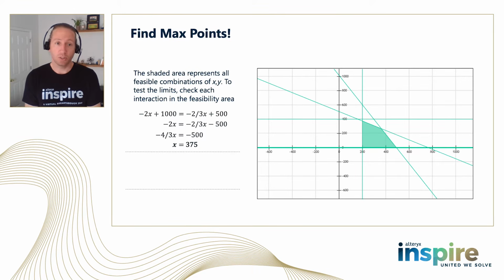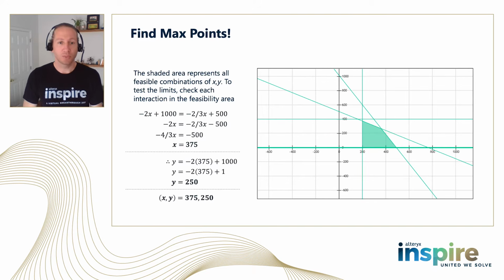I can plug that x back into either of those equations: negative 2 times 375 plus 1,000 gives me y equals 250. So there's my combination: 375 pairs of pants and 250 jackets. That's going to optimize my function, which is the maximum revenue.